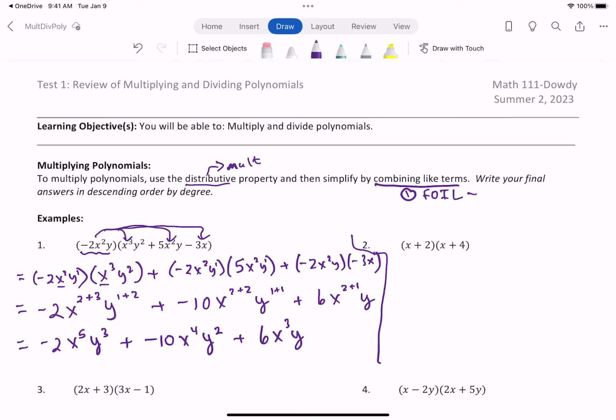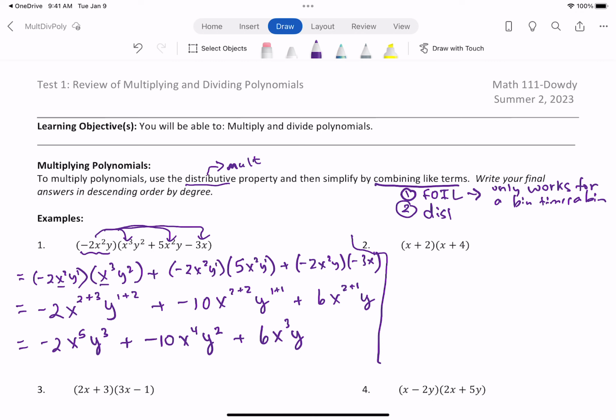The only thing about the FOIL method is you have to keep in mind it only works for a binomial times a binomial. So it only works in this one case. The other two methods will work for any two polynomials being multiplied together.